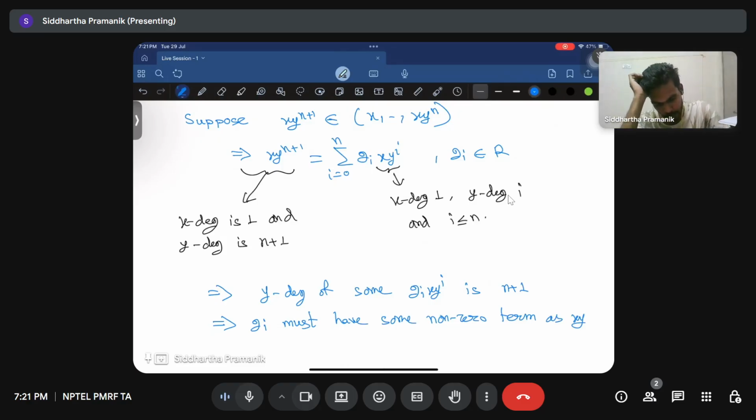Then the total y degree of g_i x y^i equals n plus 1.